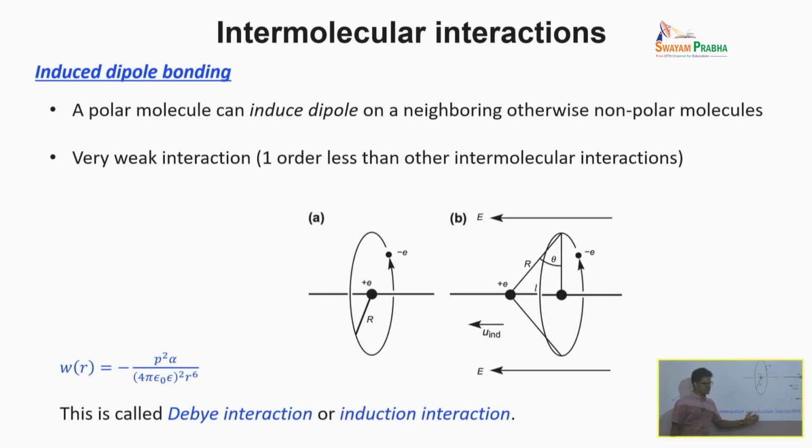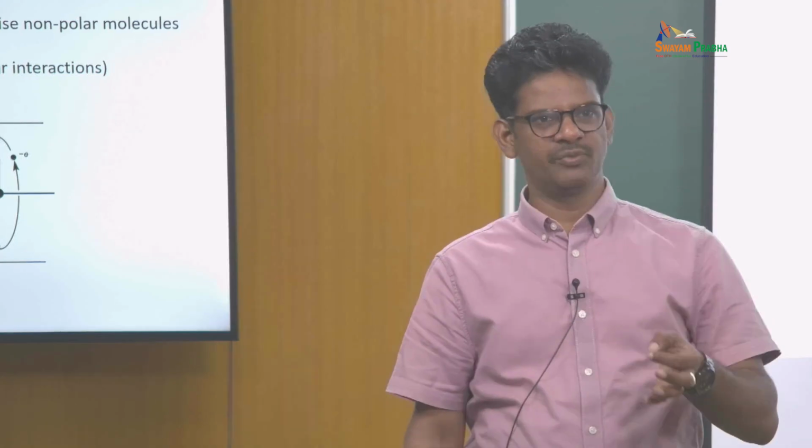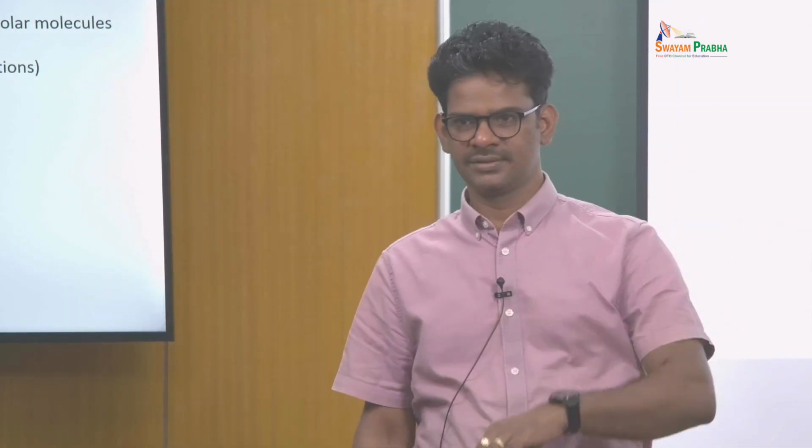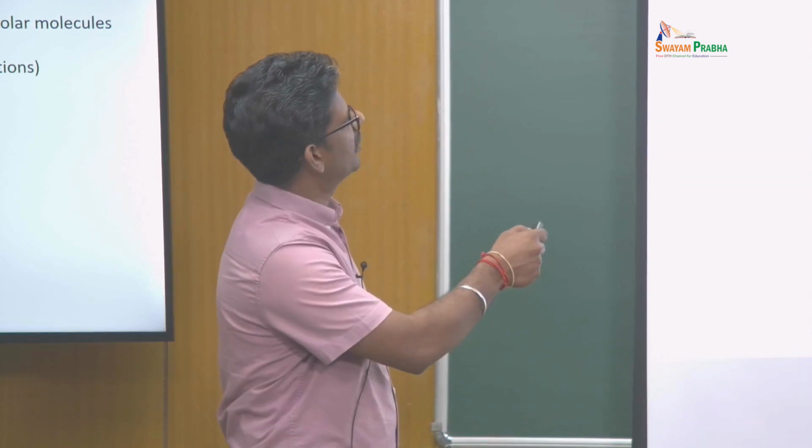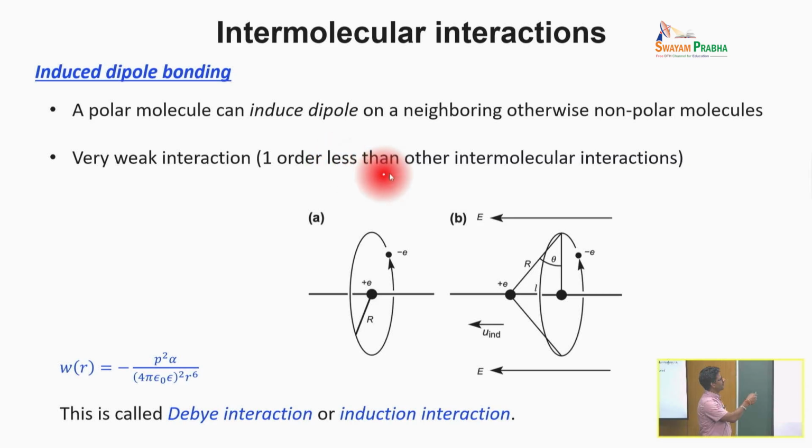If I remove this foreign atom, it will come back to this. So this is an induced dipole on a non-polar atom due to another neighboring atom. That's what we see here. A polar molecule can induce a dipole on a neighboring otherwise non-polar molecule.